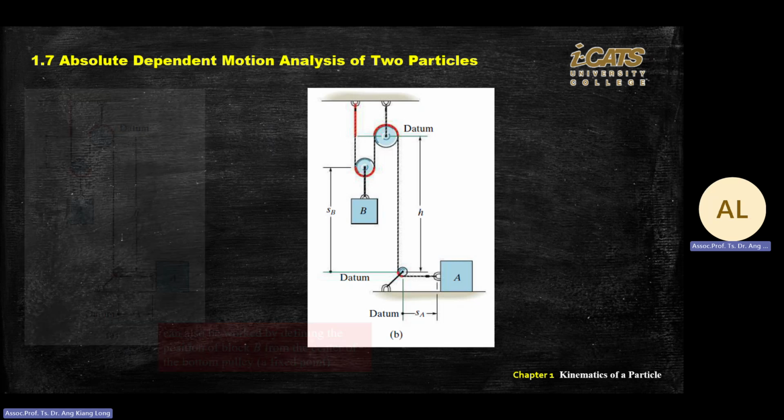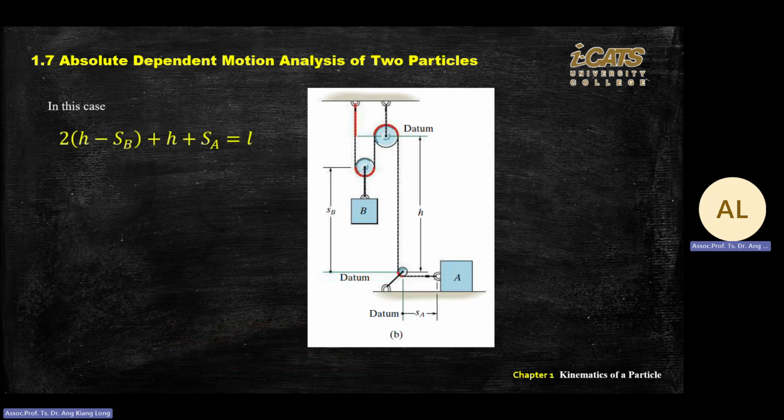First step, we calculate the total length, right? How do you get the total length? SA plus H. How do you calculate this length? H minus SB, right? This is the effect of datum. If you change datum, then the calculation will be different already.